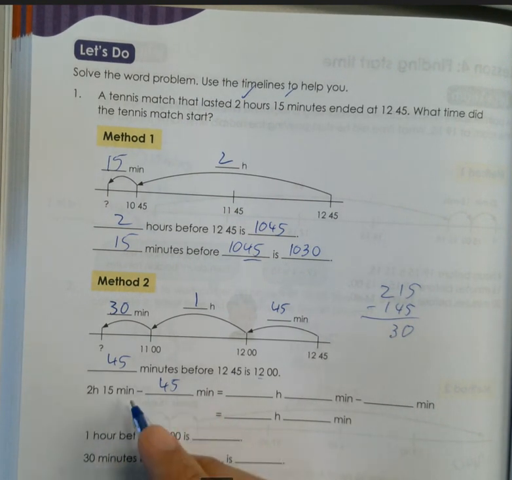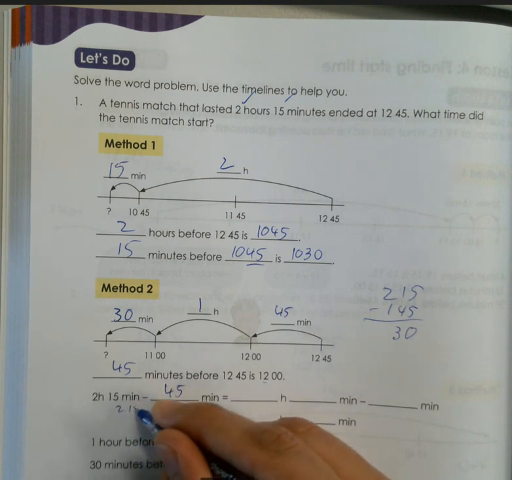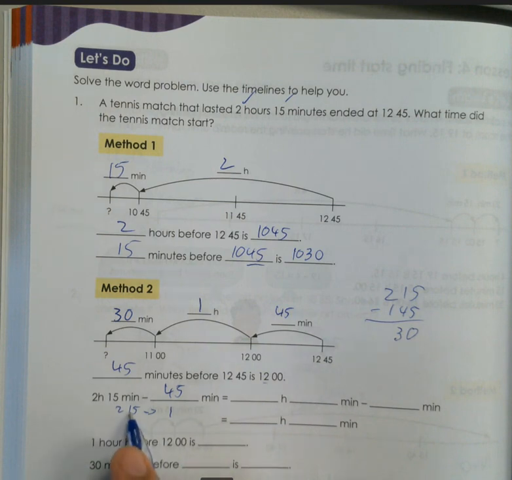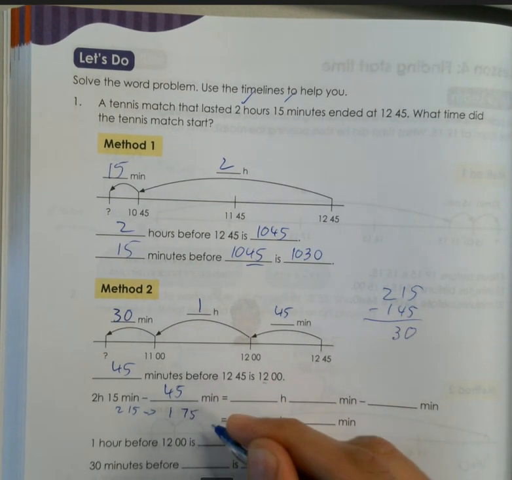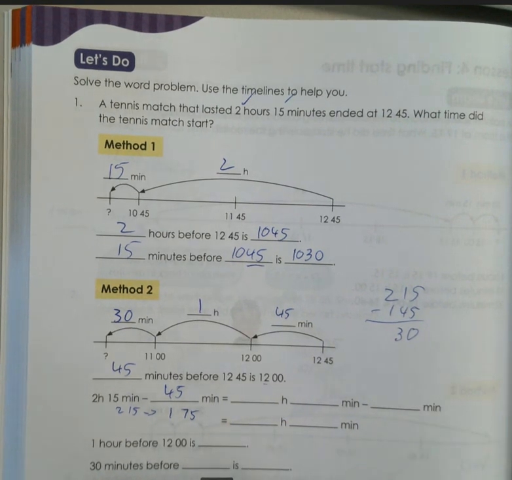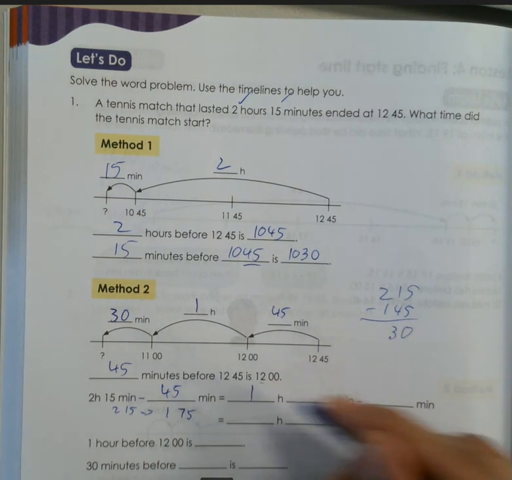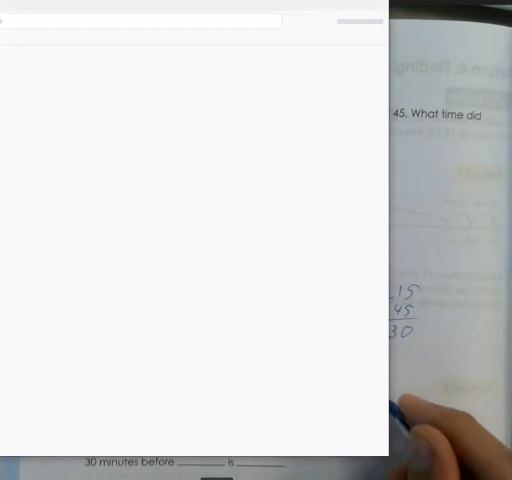Can't take 45 from 15, so they are going to change 2 hours and 15 into 1 hour and then adding 60 to this. This is just what they want in the book. This is not what I would suggest. That's what they're asking. Getting rid of 1 hour from 2 to 1, adding the 60 minutes of that hour over here. Regrouping. So that is 1 hour and 75 minutes. Take away your 45.